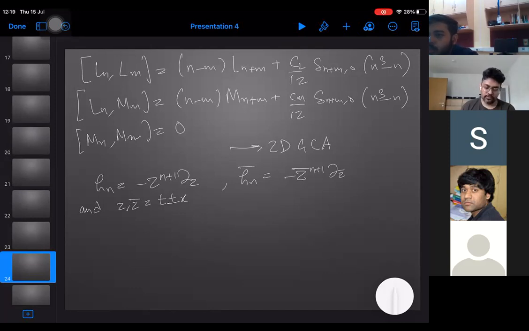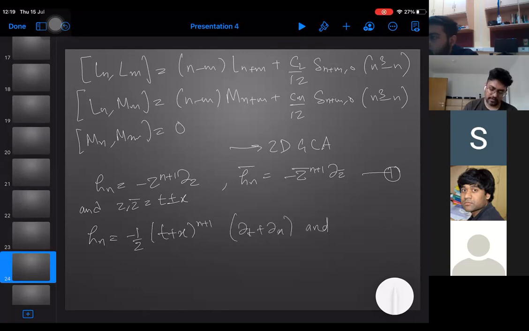So you can rewrite the generators in terms of the x and t's. What you get is this, with L-bar_n in terms of t minus x, and perform the limit.